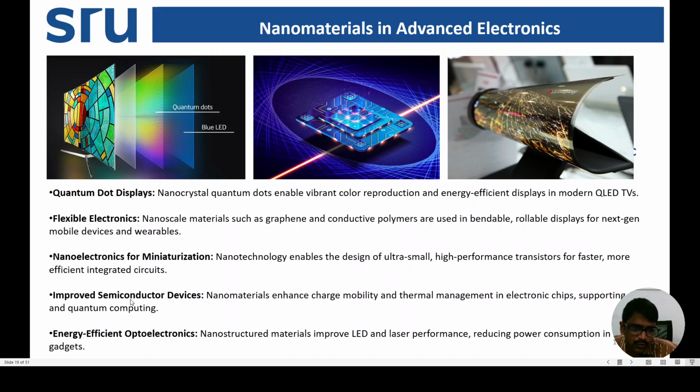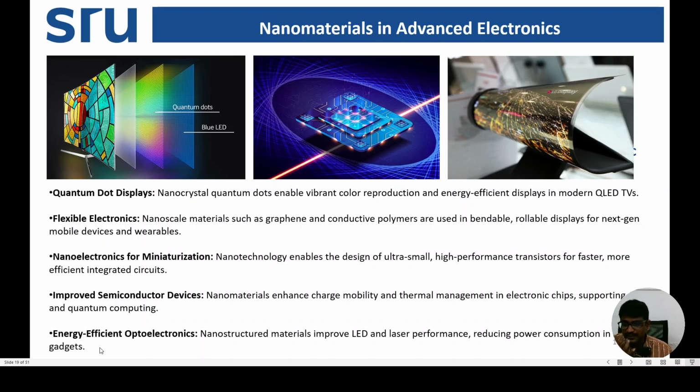So these are all possible only through making highly advanced nanomaterials, okay. And also improved semiconductor devices. Nanomaterials enhance charge mobility and thermal management in electronic chips, supporting AI and quantum computing. We need this kind of devices to support AI and quantum computing. We need fast responsive systems, okay. And energy efficient optoelectronics. Nanostructured materials improve LED and laser performance, reducing power consumption in smart gadgets.